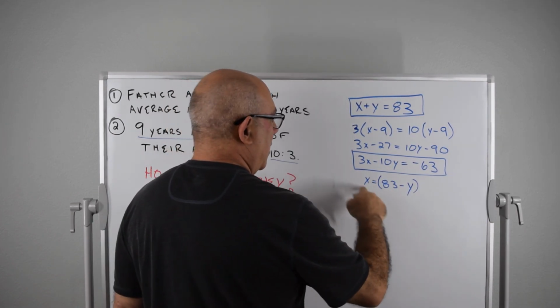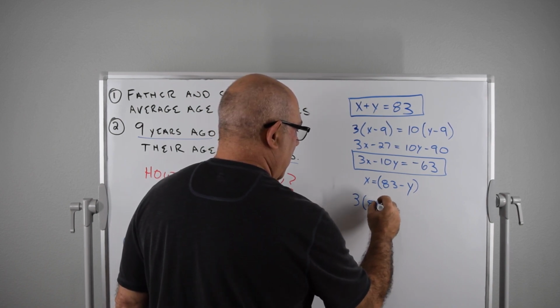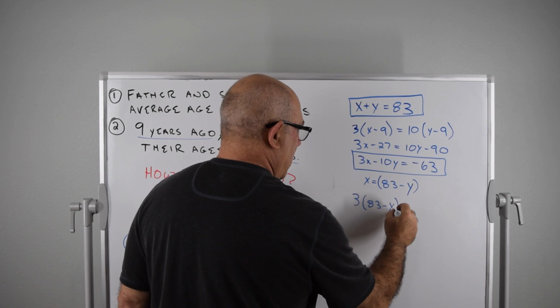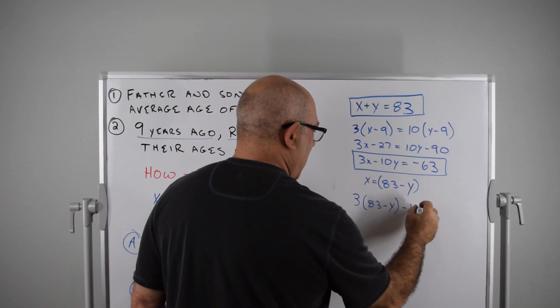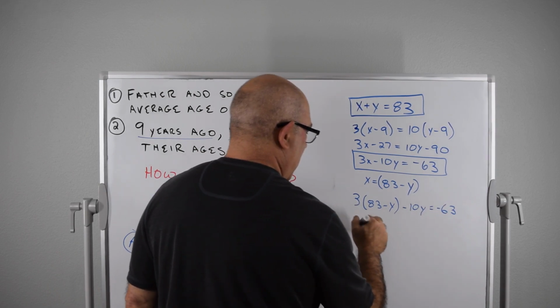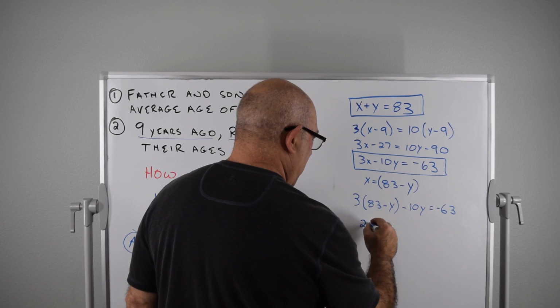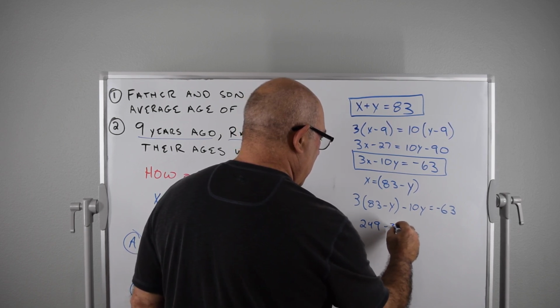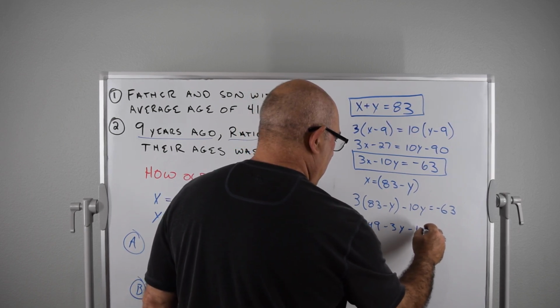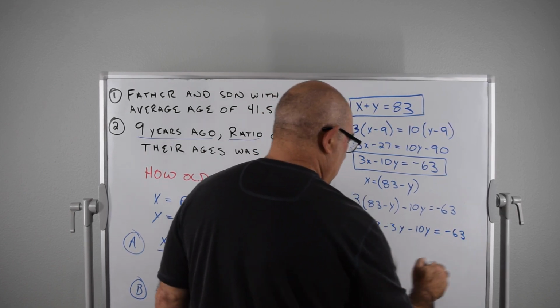Now we're going to substitute this in, and we have 3 times the quantity 83 minus y, minus 10y, equals minus 63. Let's multiply this through. We have 249 minus 3y minus 10y equals minus 63.